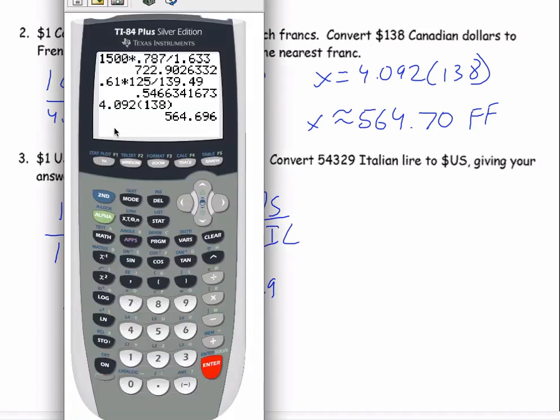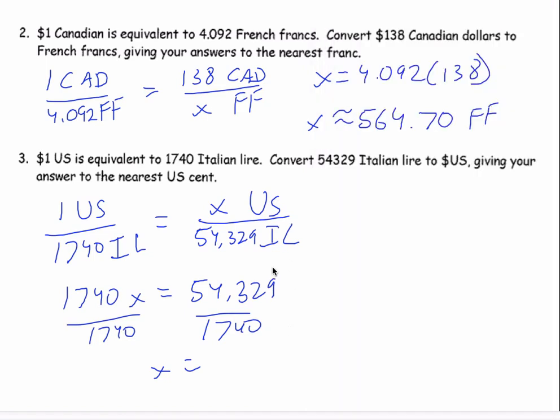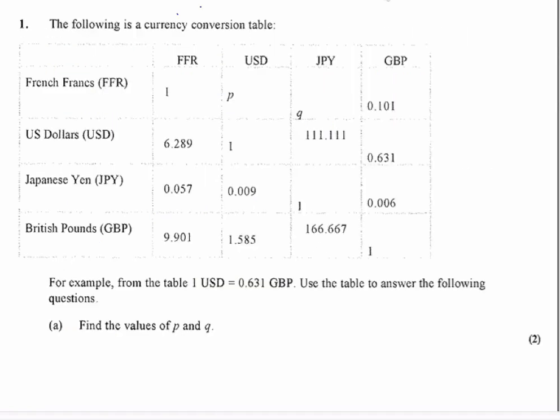I'll work it out on the calculator: 54,329 divided by 1740, and we get 31.22. So it's about 31.22 US dollars.